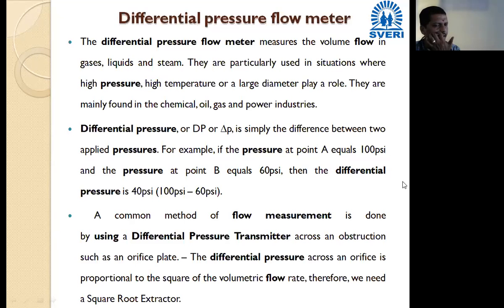Therefore, we need a square root extractor.